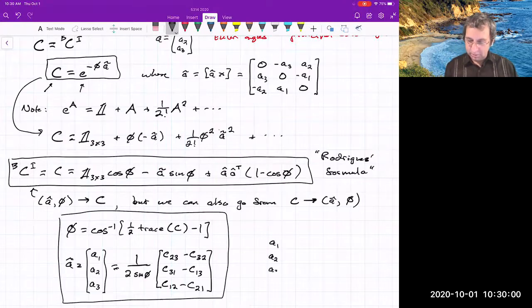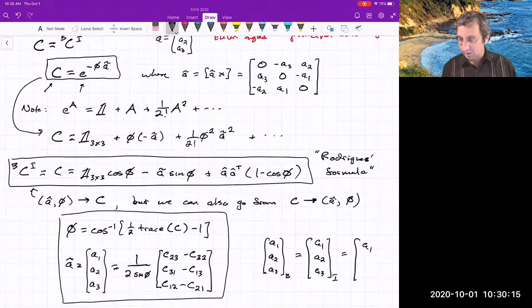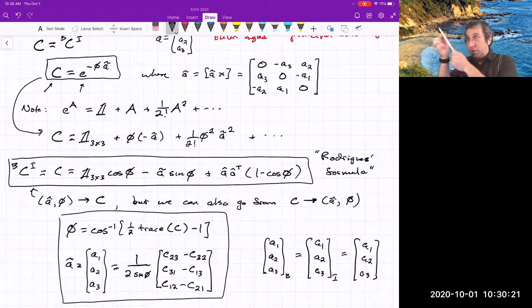A1, A2, A3 in the B frame is exactly the same as A1, A2, A3. The components are exactly the same. So we usually just drop the little subscript and say A1, A2, A3. It kind of makes sense. It's the one direction that you're rotating about, so nothing will change along that direction. Okay.